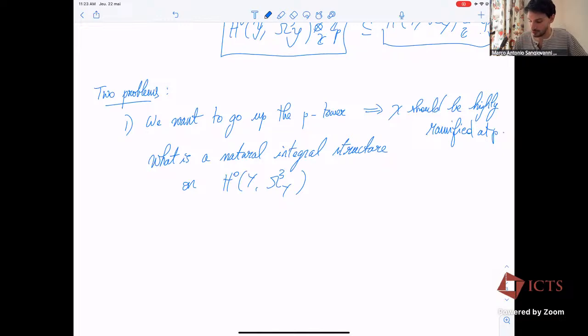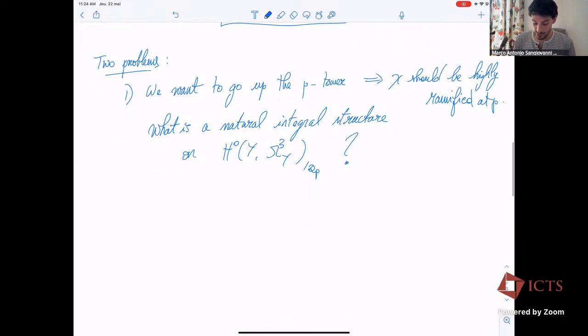So I will view now Y over Qp, okay? So this is a Qp vector space. Natural integral structure on H0 of Y, omega 3 of Y. And furthermore, we had our class that we wanted to realize in étale cohomology, but this is about integrality in coherent cohomology.